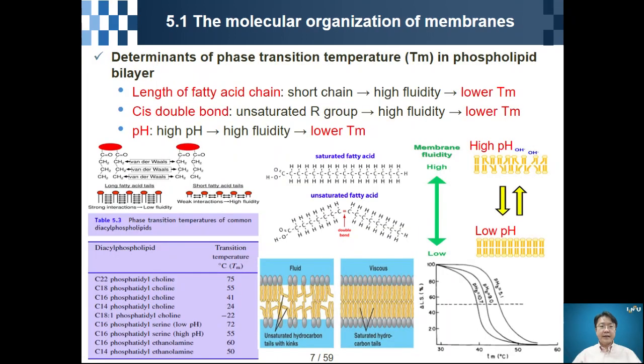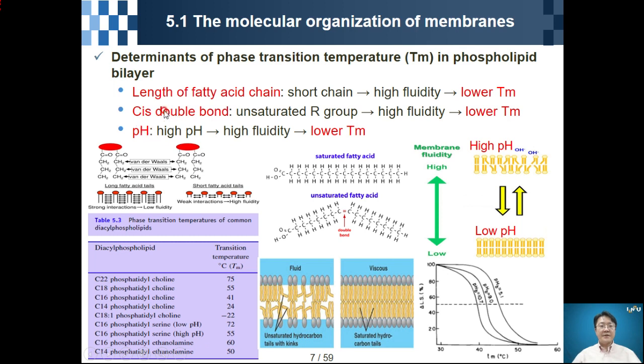In this slide, I will explain the determinants of phase transition temperature, which we call Tm, in the phospholipid bilayer. There are three criteria. The first one is the length of the fatty acid chain, then the cis double bond, and the final one is pH.